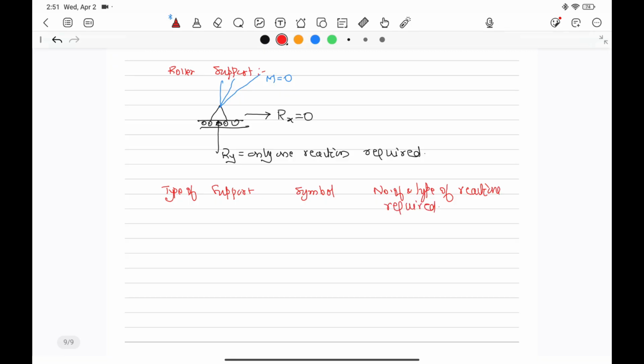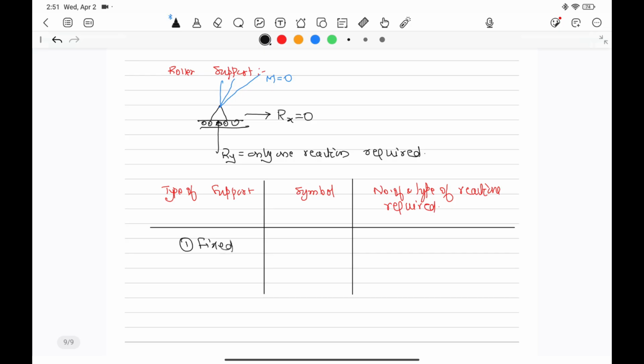For the definition. Now, what is the type of support? One is fixed. In fixed support, what is the symbol? This is the symbol. And number of type of reactions required? 3. What are they? RAX, RAY and MA. Let us say this is A.